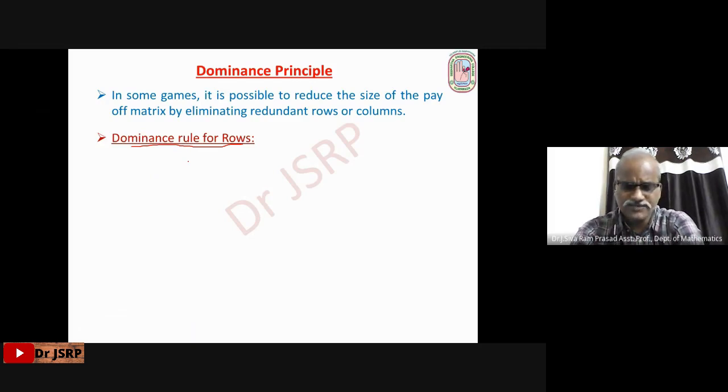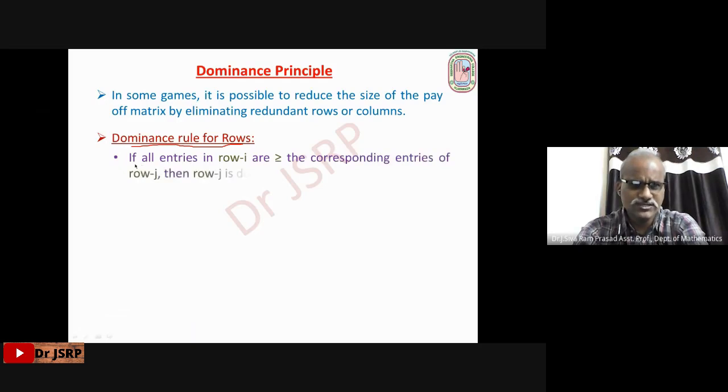For that, the dominance rule for rows is: first we compare two rows. If all entries in row I are greater than or equal to the corresponding entries of row J, what is the meaning of this?